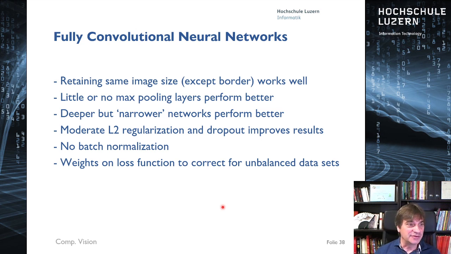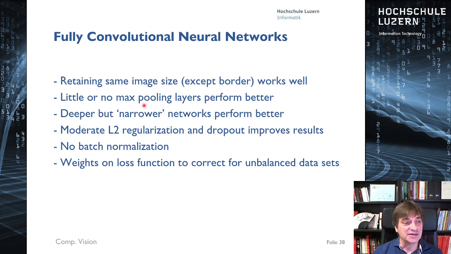Okay, so from our experience, it works quite well. You can do a fully convolutional network that preserves the image size without any down or upsampling in that special case of local texture recognition, so for medical cases.